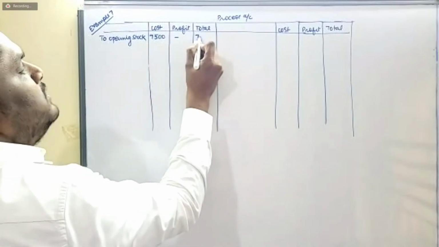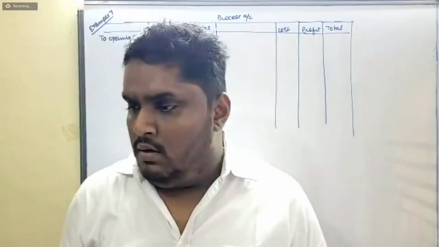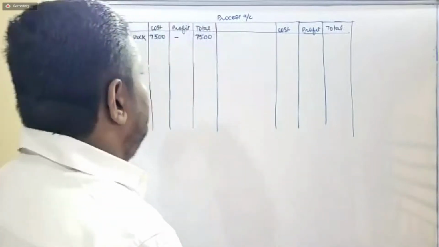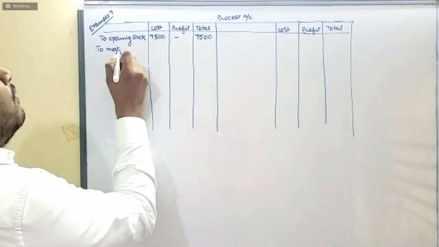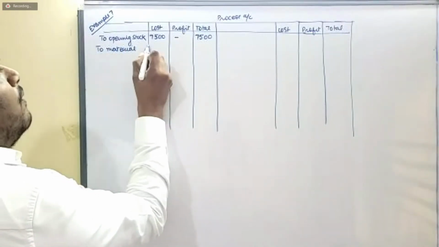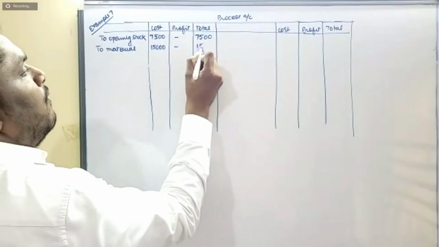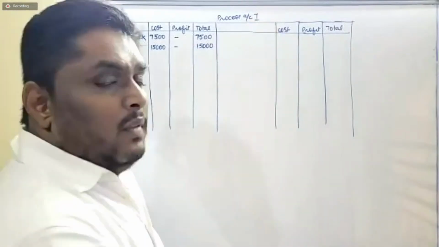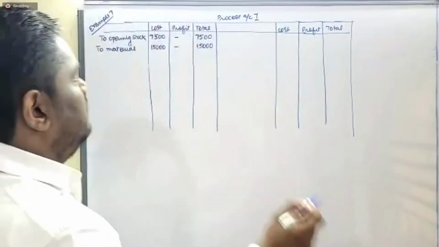No profit involved, so the total is also 7,500. Material is 15,000. Wages are 11,200.